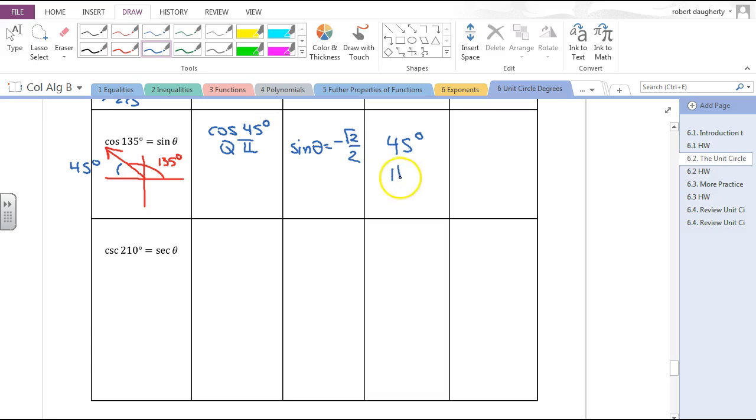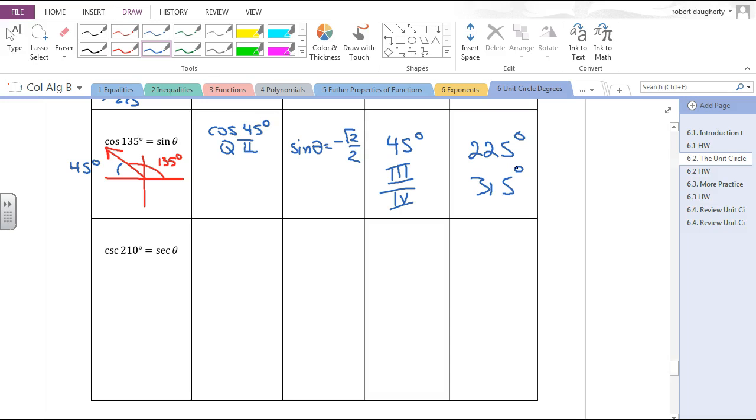So this is in quadrant 3, quadrant 4. So what are the angles? What's a 45-degree angle in third quadrant? 225. And what's the other one? 315.